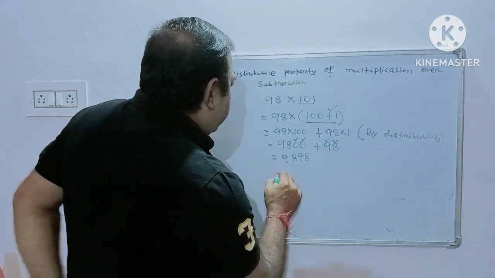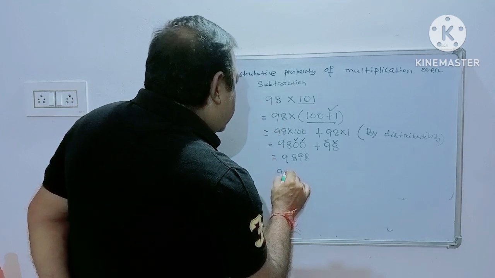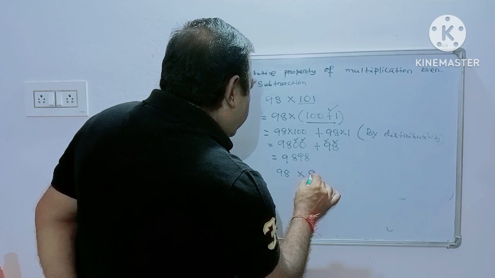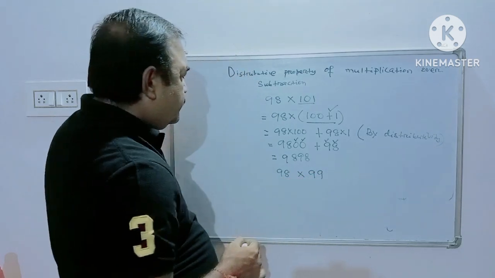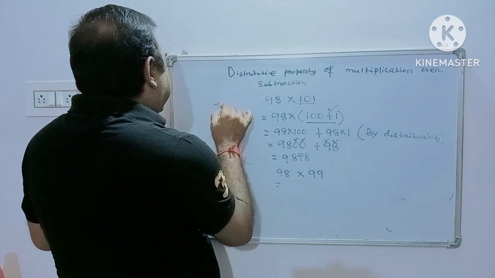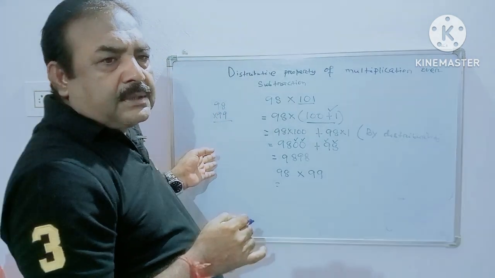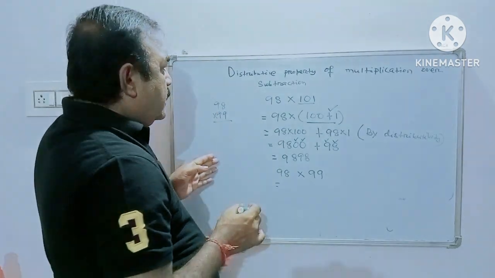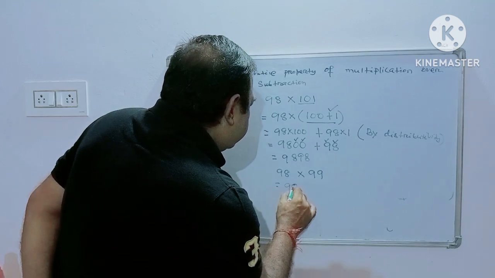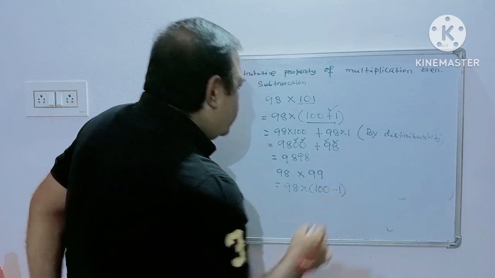Again you see, if I take another example, suppose 98 into 99. So I'll have to write 98, then I'll have to multiply by 99. Like this. This is a complicated method. No. We'll use the distributive property. How, you see? 100 minus 1.